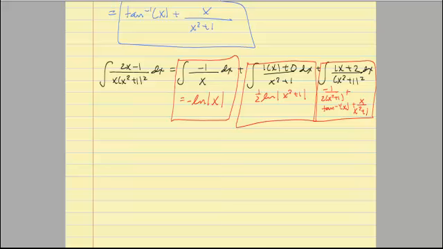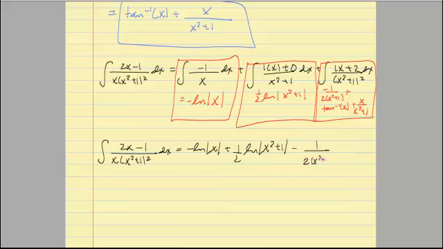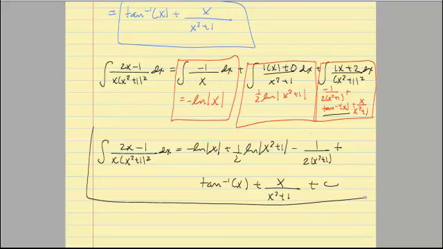Okay, so we have the integral of 2x minus 1 over x times x squared plus 1 quantity squared is equal to minus natural log absolute value of x plus 1/2 natural log absolute value of x squared plus 1 minus 1 over 2 times x squared plus 1 plus inverse tangent of x plus x over x squared plus 1 plus C, constant of integration. That's my solution. Took a while to get there.